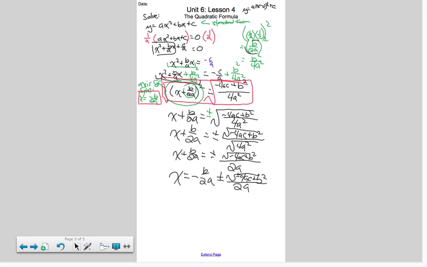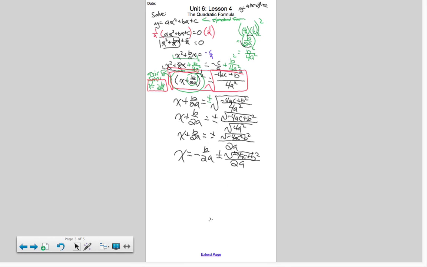So I could just rewrite this whole thing as x is equal to minus b plus or minus the square root of minus 4ac plus b squared, all over 2a. So that is your quadratic formula.